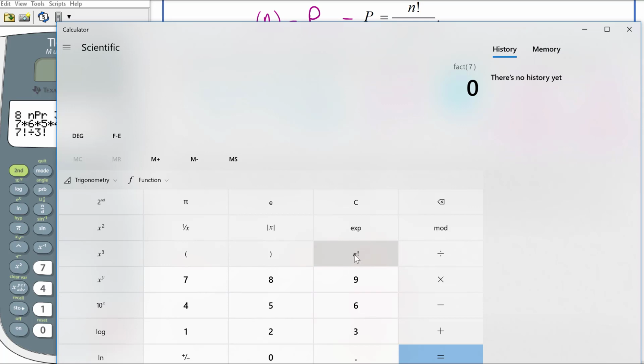Maybe let's say you have a factorial button. You could just do n factorial, which is 7 factorial, divided by 3 factorial. Then make sure you hit enter, and then it actually computes it, and it's still 840. So there's a couple different ways of getting your answers there.